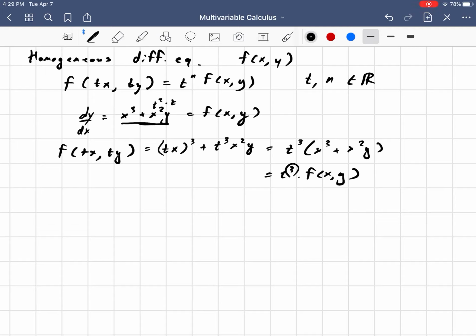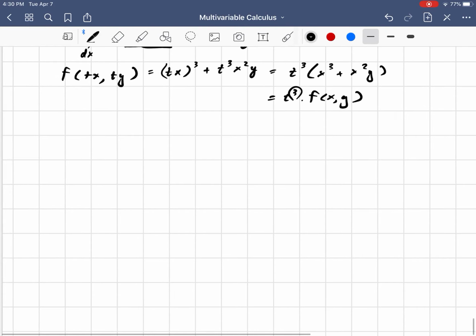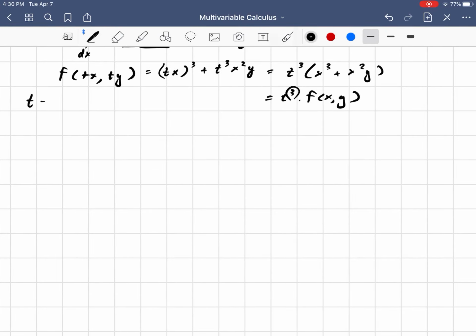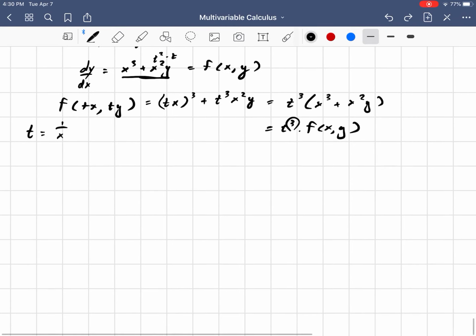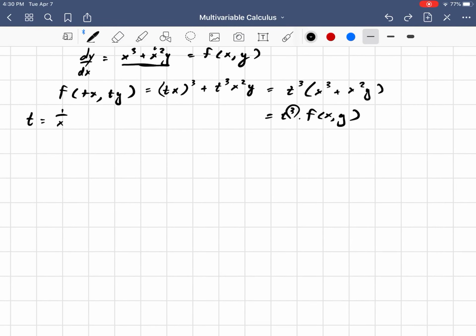This is the test, but now there's a nice substitution that we can use for homogeneous functions. Let's say I let t be 1 over x, because then the 1 over x and the x here would cancel.